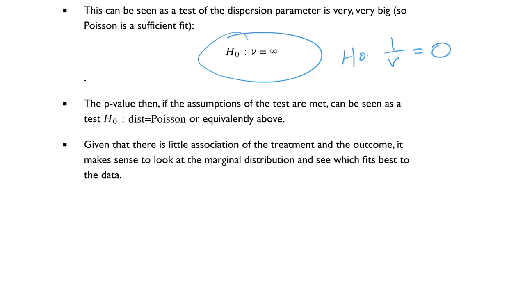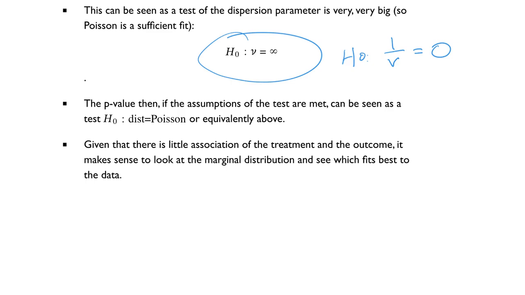That's under fitting a negative binomial. That's sort of a test of whether the Poisson is sufficient, right? Because as the dispersion parameter gets bigger and bigger, the negative binomial looks more and more like the Poisson, which typically means it just doesn't have a big right tail. The counts are much more compactly distributed around the mean.